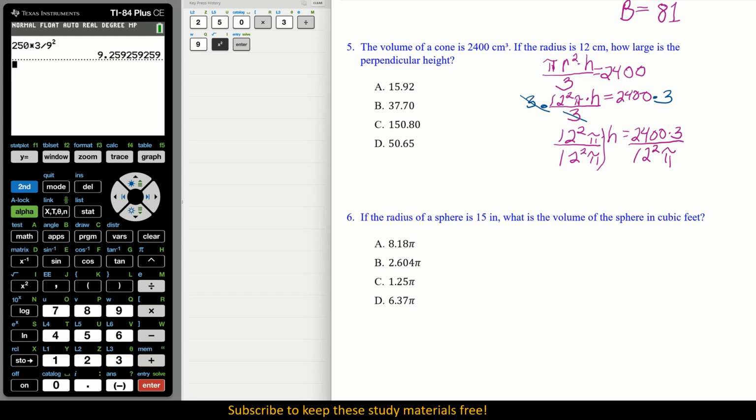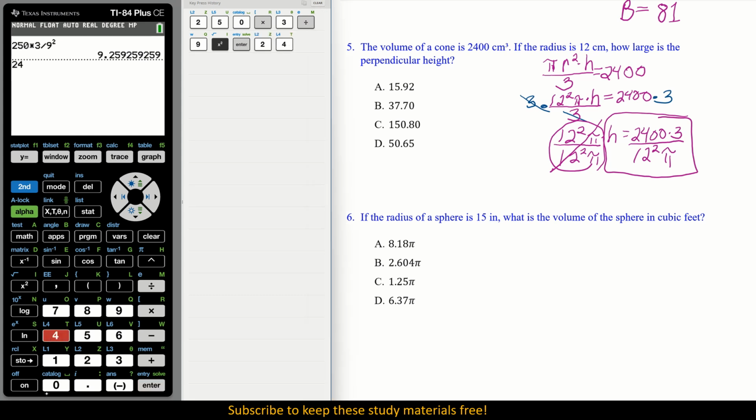That means this cancels out, and this is what we put in the calculator. So let's do that. 2,400 times 3.